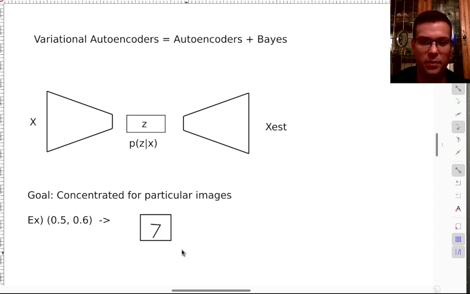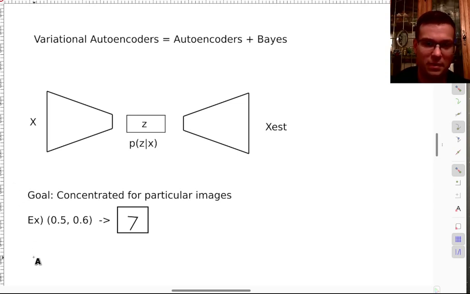And I would like it to be, if I twiddle these a little bit, I want to get something that's not too far from that. So if I instead had the input here being 0.49, 0.61, well, it would be nice if that was basically the same image. And so I'm also going to prevent this thing from jumping around too much.